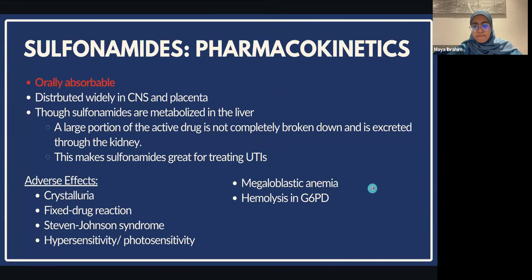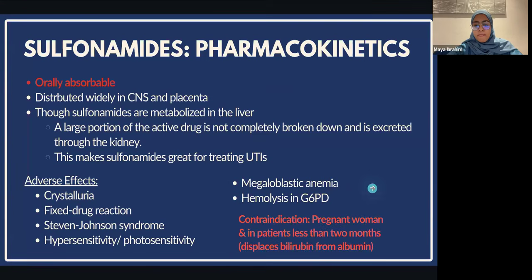Now moving on. They're contraindicated in pregnant women because pregnant women need to take a lot of folic acid, so if you're inhibiting that, it's not good. And you shouldn't give it to patients less than 2 months old because sulfonamides displace bilirubin from albumin, which could cause something called kernicterus.